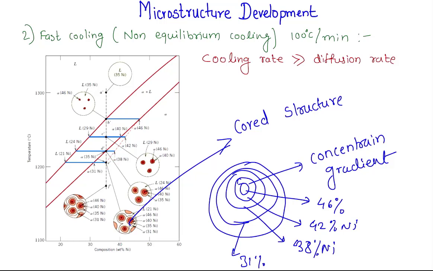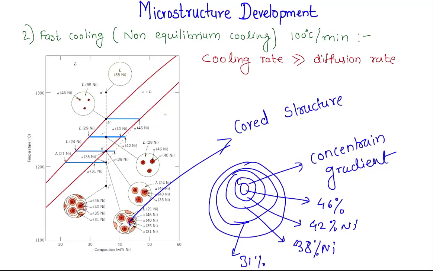In the process, first 46 weight% nickel will get solidified, then 42 weight% nickel, then 38 weight% nickel, and so on. So if you observe the microstructure, it will have layers, like a concentration gradient from the center to the outer side.